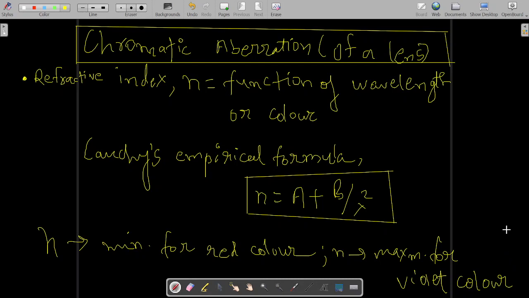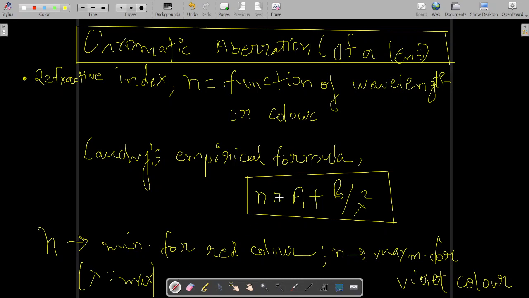Why is n minimum for red color and maximum for violet color? n is minimum for red color because the value of wavelength, lambda, is maximum for red.